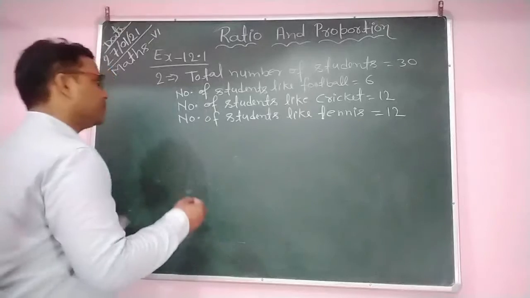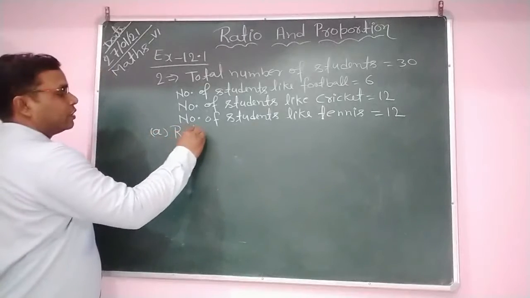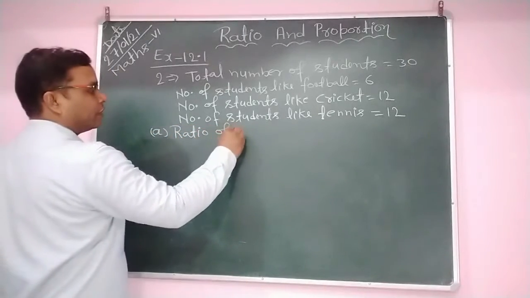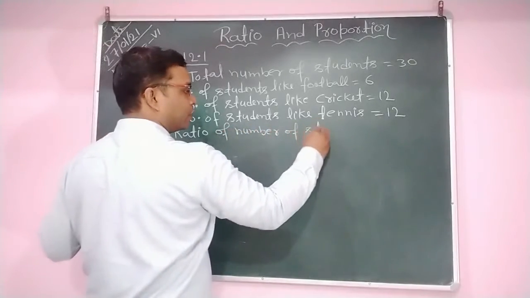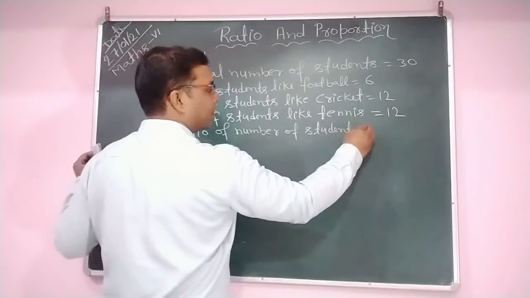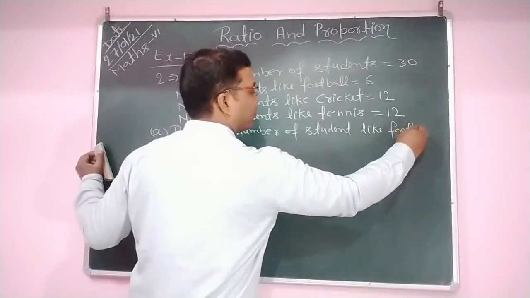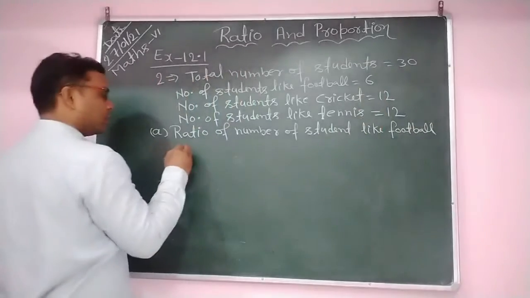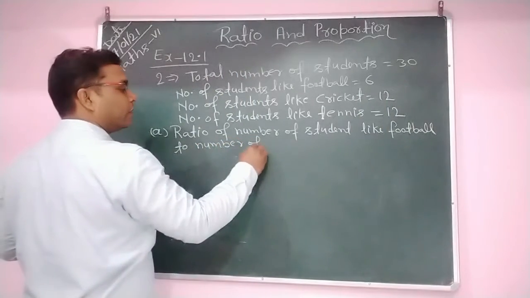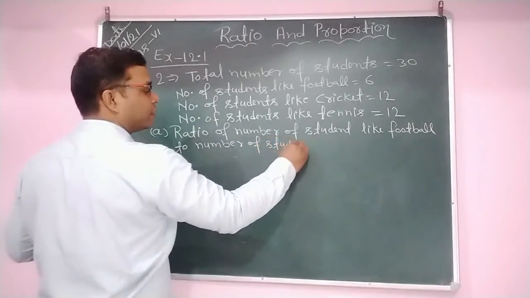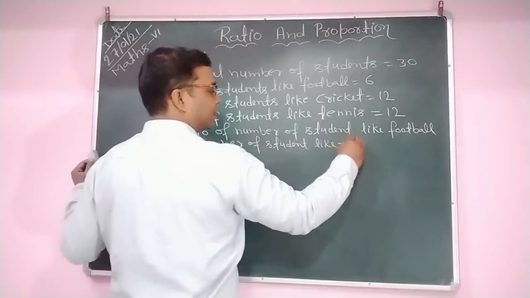So the first part of this question number 2 is the ratio of number of students who like football to number of students who like tennis.